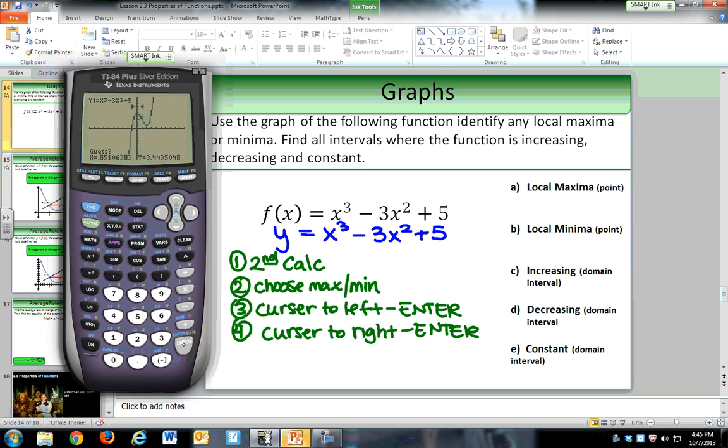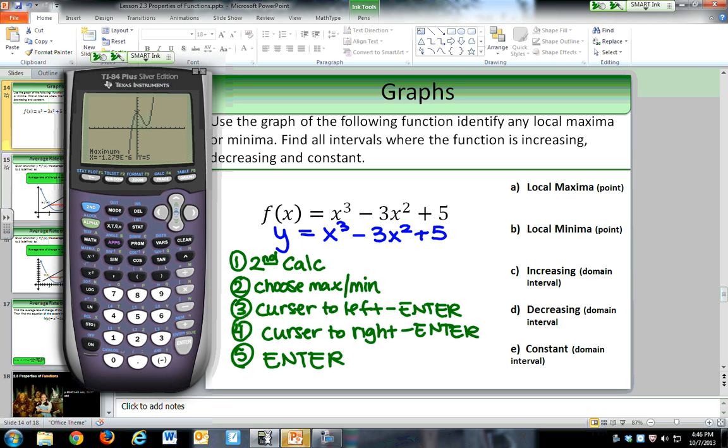Hit enter. It says guess, so you can just get it pretty close to where we're trying to find. Hit enter again, and it will give you the actual point. Here it's given us the maximum. Now it says -1.279 e to the -6, which just means -0.000001.